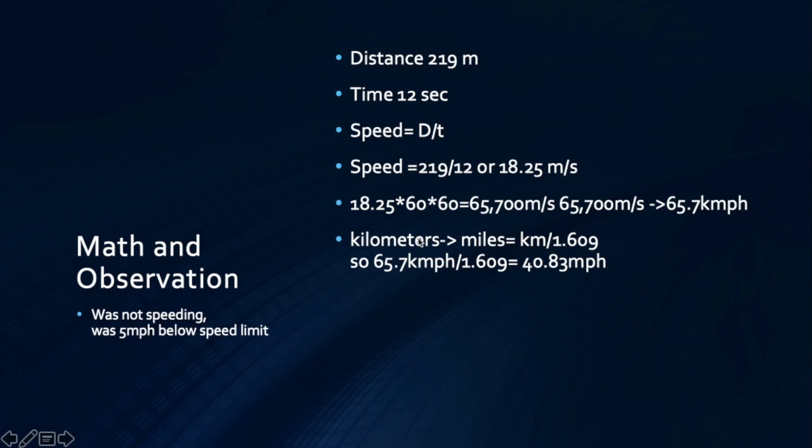To get kilometers to miles, you divide the kilometers by 1.609. So 65.7 divided by 1.609 equals 40.83, and the speed limit was 45 miles per hour, so the car was not speeding.